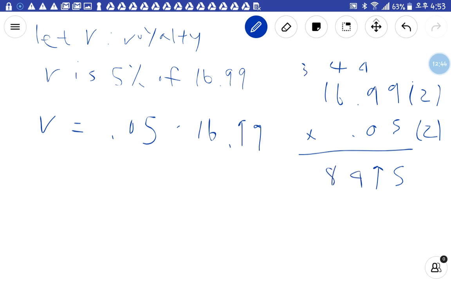And your last number is 0, so you don't really have to write it down. You have to move your decimal point 4 places to the left. Where's my decimal point? Right here. So my R becomes 0.8495.